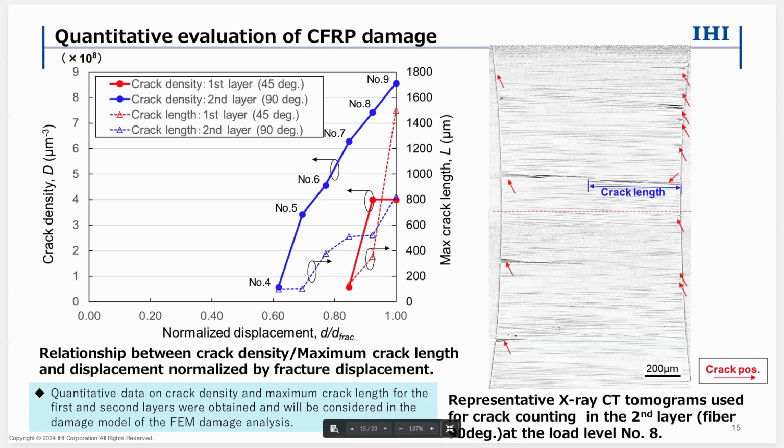The crack density monotonically increased in the second layer during the bending loads. So now we have obtained quantitative data on crack density and maximum crack length for the first and second layers. In future work, the quantitative data will be considered in the damage model of the FEM damage analysis.